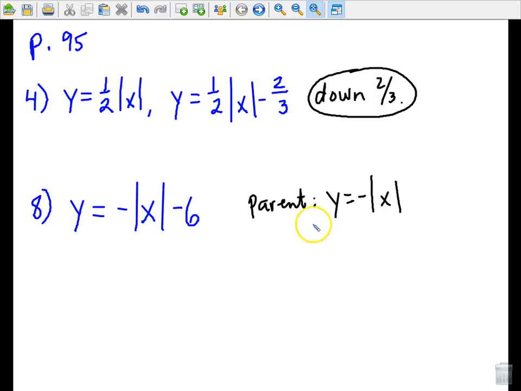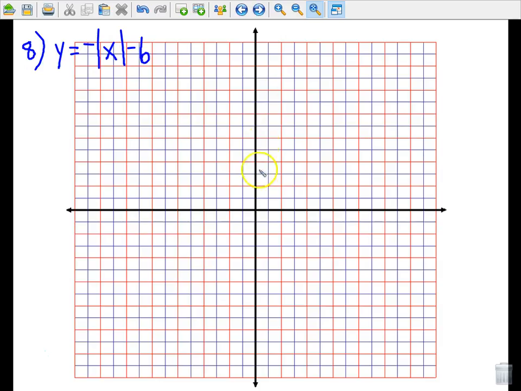And then we're supposed to identify the value of k, and in this case k is -6. Now we're supposed to graph this function by translating the parent. Well, here's the parent, y equals the opposite of the absolute value of x.